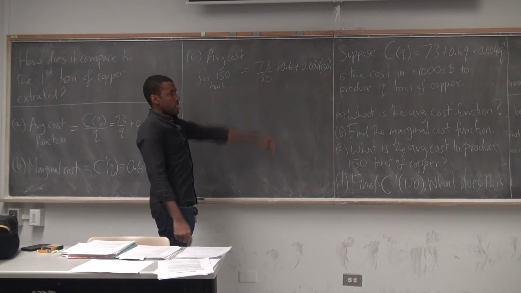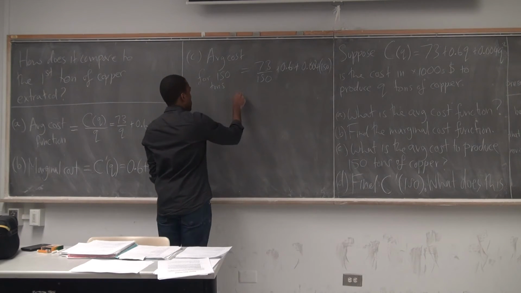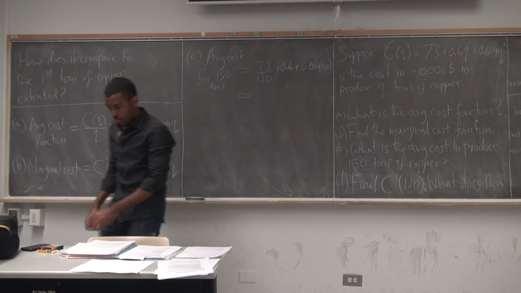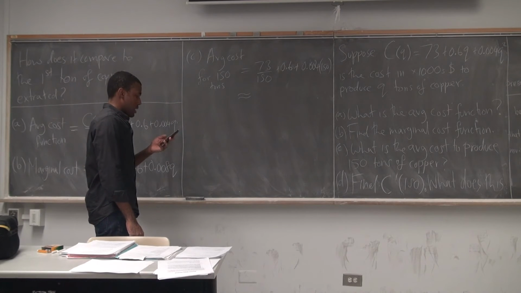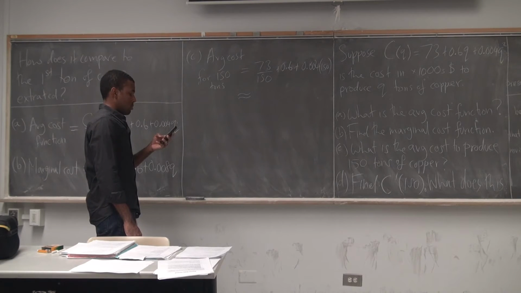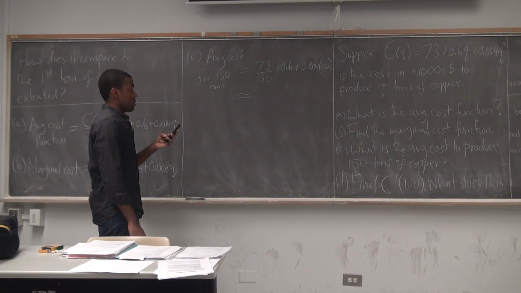And either this will be very nice, or you can leave your answer like that. But let me actually just, for the sake of clarity, figure out what that is. 73 divided by 150 plus 0.6 plus 0.004 times 150.